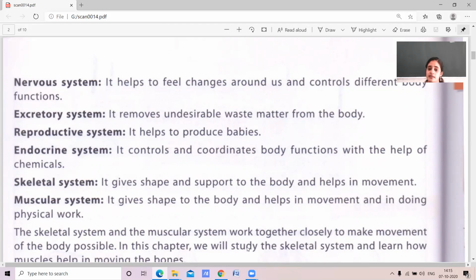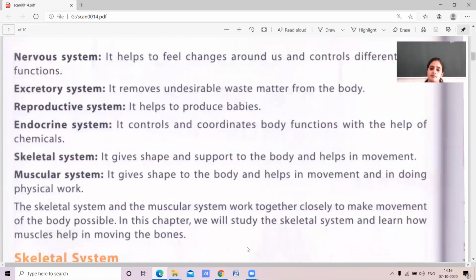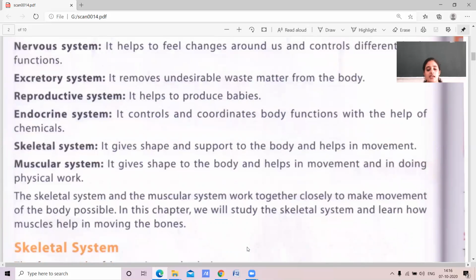Okay. And then the reproductive system. Yes. Every living organism has to reproduce its own kind. We call such a system the reproductive system, which helps to produce babies. Okay. The next is the endocrine system.